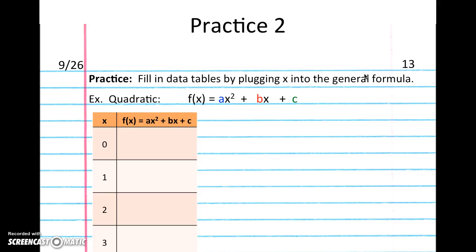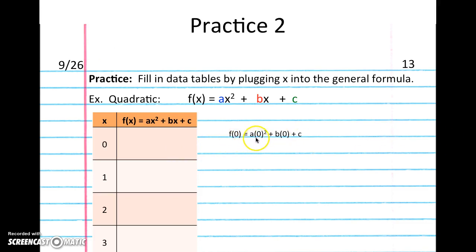Okay, here we go. So for the first row here, x is 0. So I'm going to substitute all of the x's I see in the general formula with 0. I want you to also write down the general formula in this column just so that you can keep track. I'm going to do my work on the side and not in the column just so it looks neat.